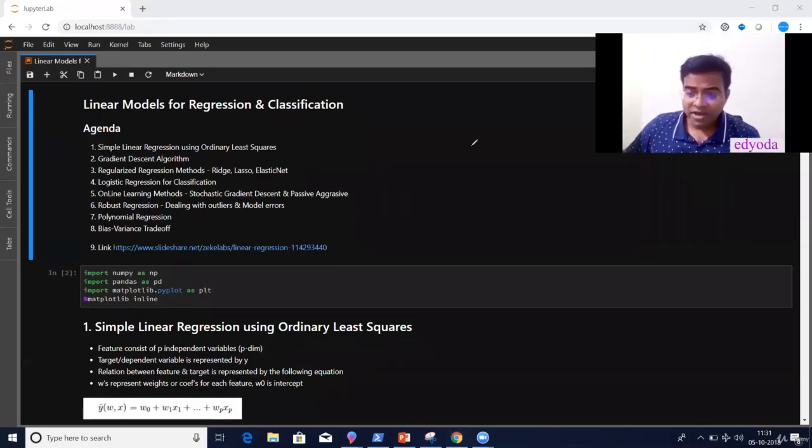In terms of classification, say you have data like this. This is one class. This is another class.